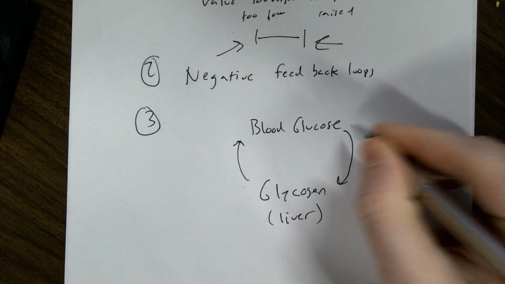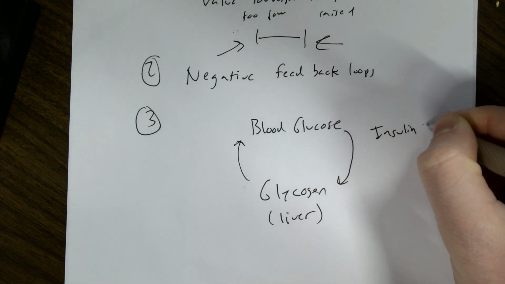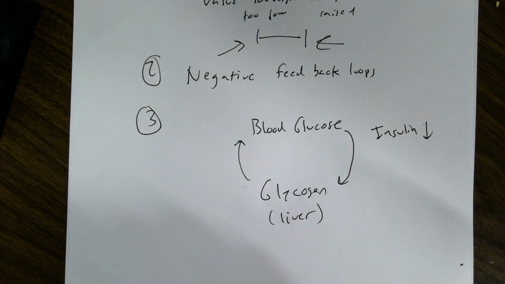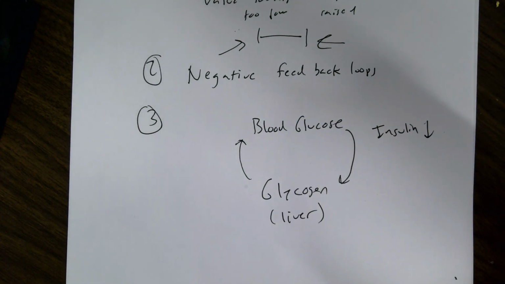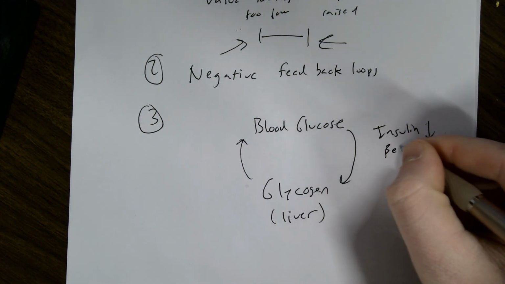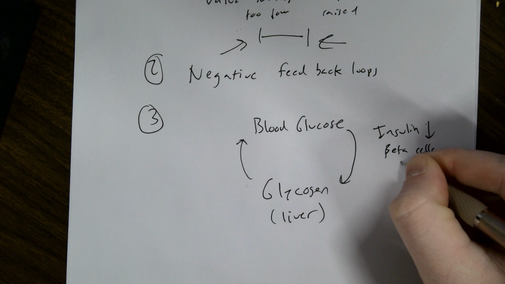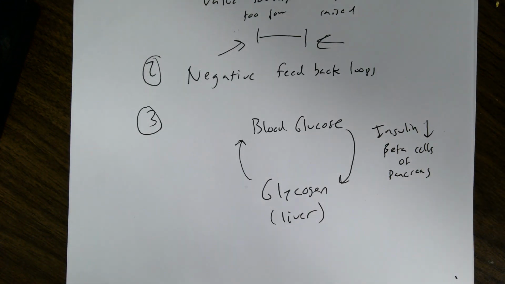If your blood glucose is too high, insulin will lower the blood glucose by causing it to become glycogen again. Insulin is created by the beta cells of the pancreas, and it acts on most of your cells, but it specifically targets the liver and your muscles to help store glucose.